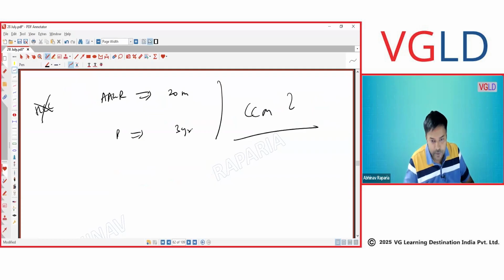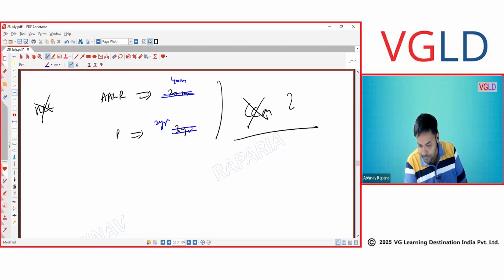No, because you're supposed to finish within 2 years. Okay. If the AAGR is 40 million, but you're finishing the project in 2 years, can you follow CCM? Again, no, because you are crossing this threshold. Okay. I hope it is okay.